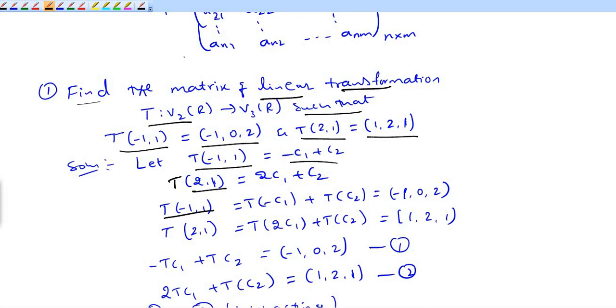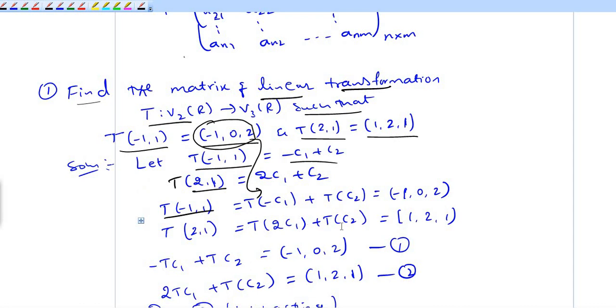Next, T of (-1, 1) with respect to these elements, we write in this form: T of -c1 plus T of c2. So T of -c1 plus T of c2 is equal to (-1, 0, 2).